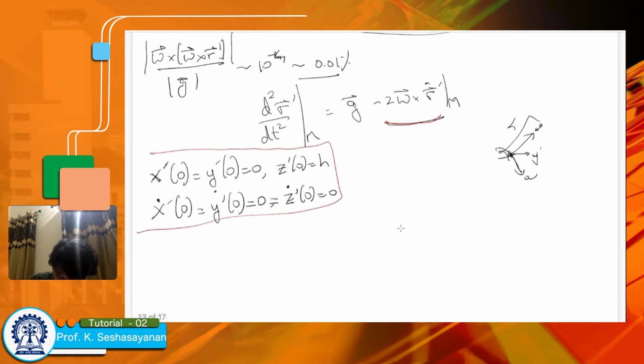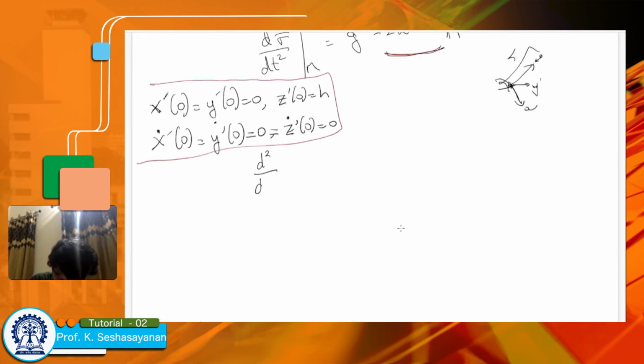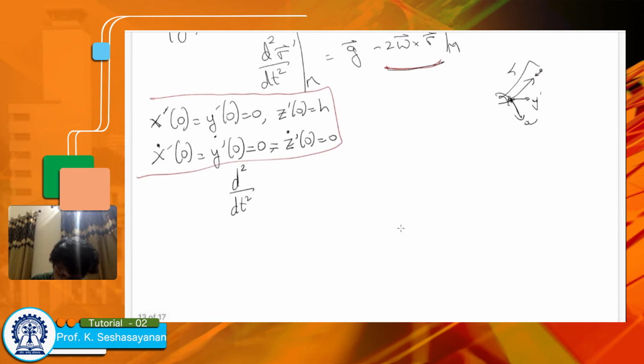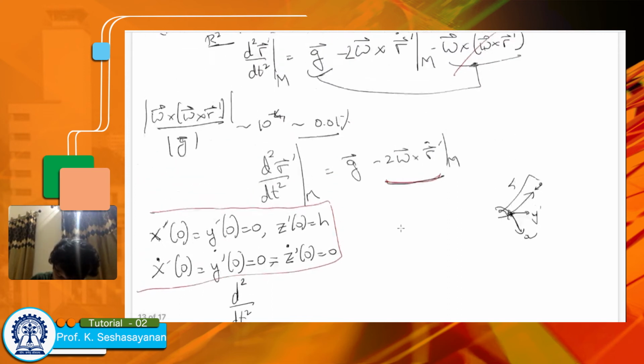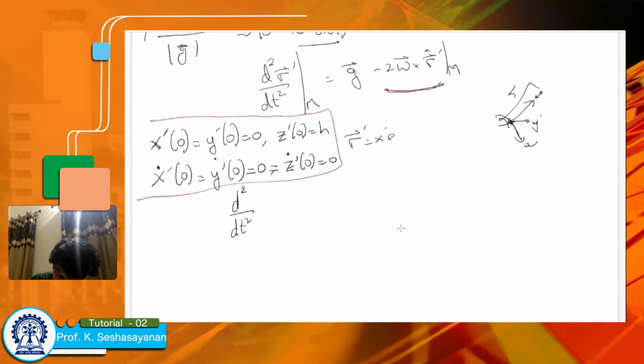So I'll write down d square by dt square of the vector, slightly bigger. The r prime vector, we'll write it as x prime ex hat plus y prime ey hat plus z prime ez hat.